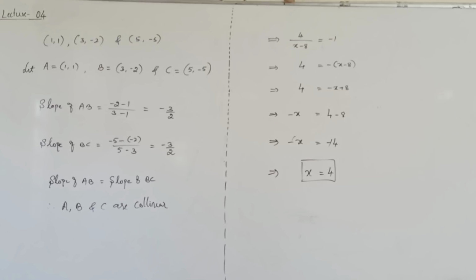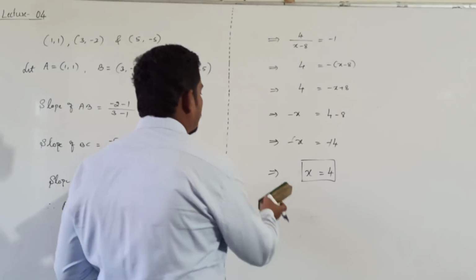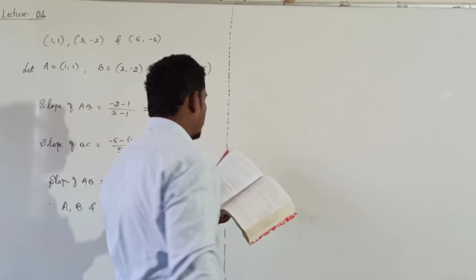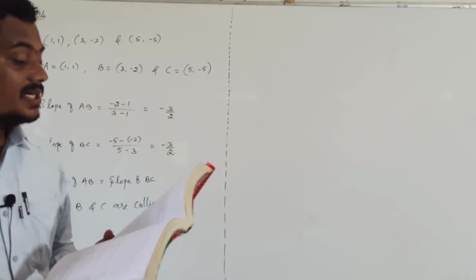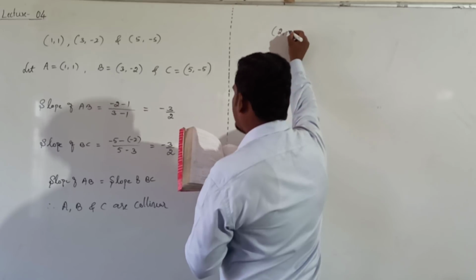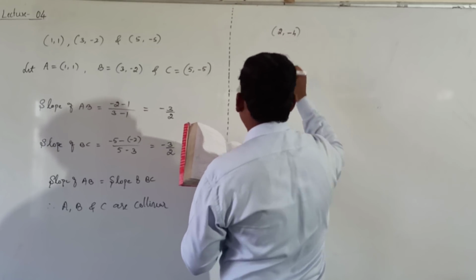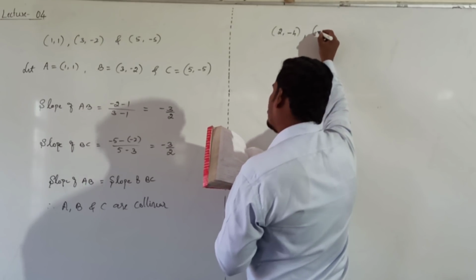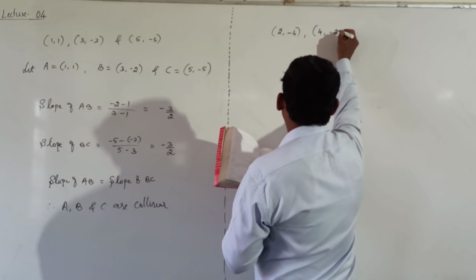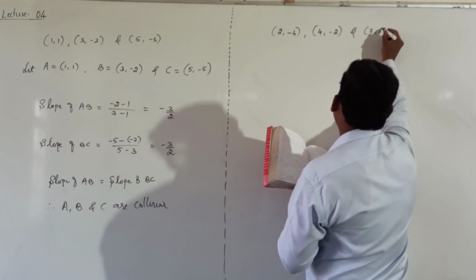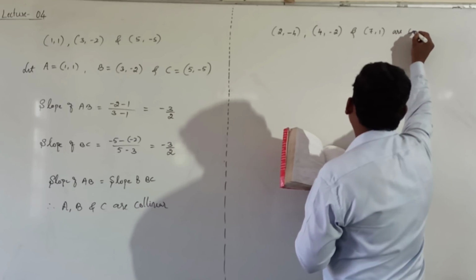Next one. Show that the points 2 comma minus 4, 4 comma minus 2 and 7 comma 1 are collinear.